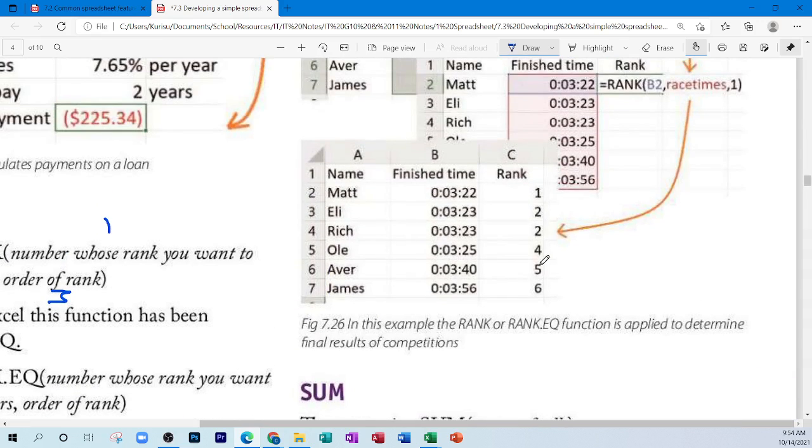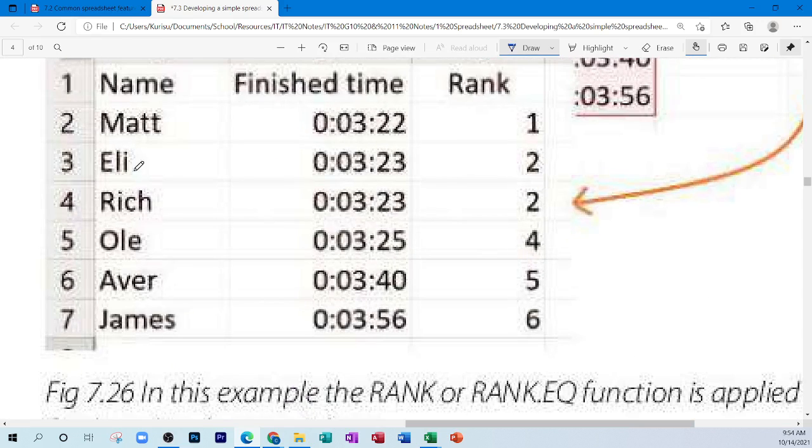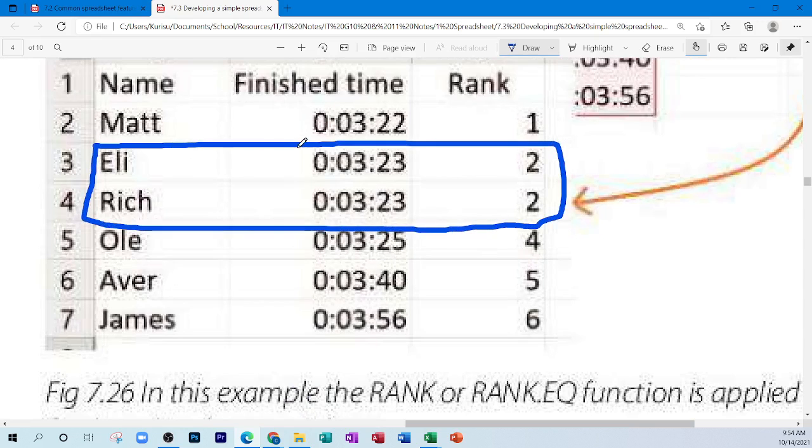So for example, in this case here, both Eli and Rich have the same time, so they have the same rank. They have the same rank of 2. But it's important to note that the rank after is going to skip whatever space was taken up.